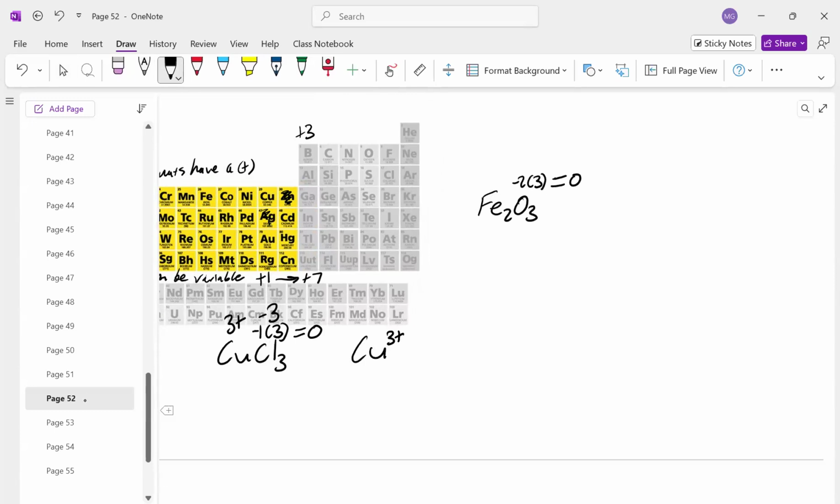So on the negative side, that's a total of -6. Now that means all the iron atoms have to add up a charge to +6 in order for the whole compound to have a 0 charge. But in this case, I have 2 iron atoms. So I'm going to divide this by 2, and that tells me a charge on a single iron is 3 plus. So in this compound, iron has a charge of 3 plus.